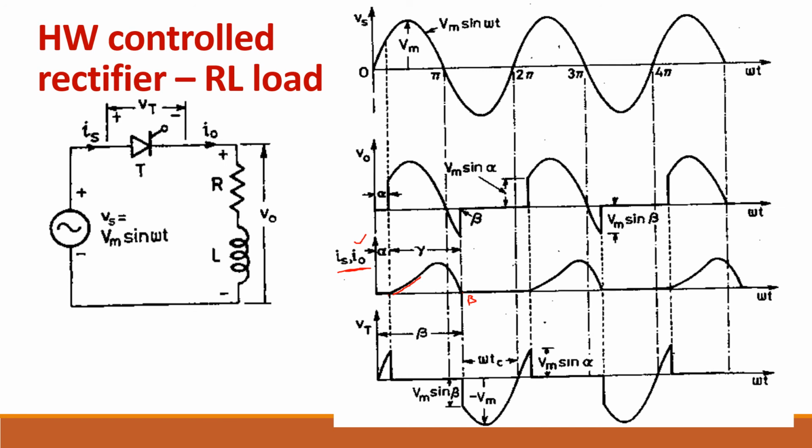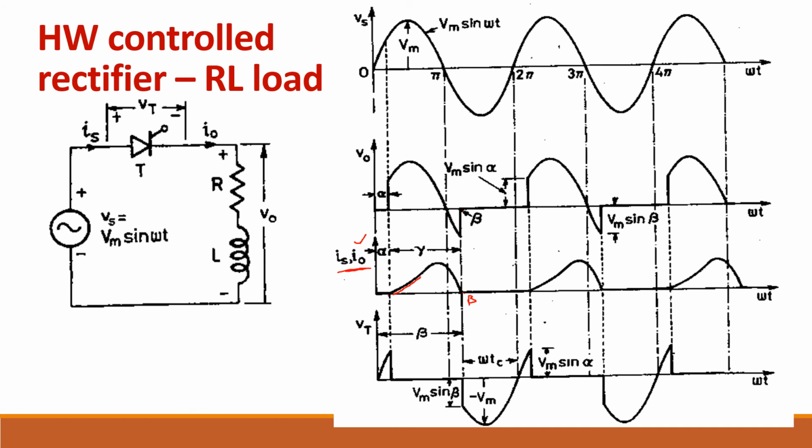Now see the output voltage waveform. Till alpha the output voltage will be 0. After that it follows the input voltage waveform till beta. In case of R load it would stop at pi, but due to the presence of inductance, current is flowing till beta, so output voltage exists till beta.